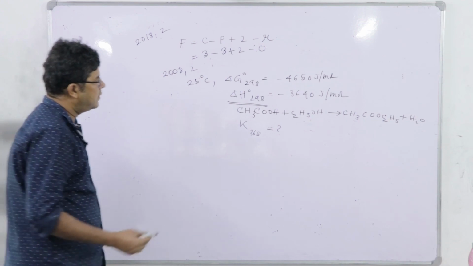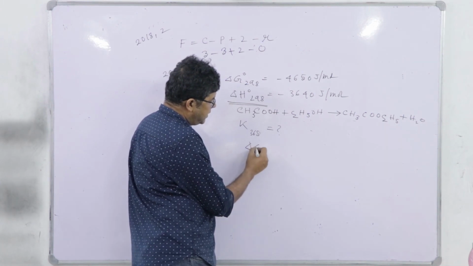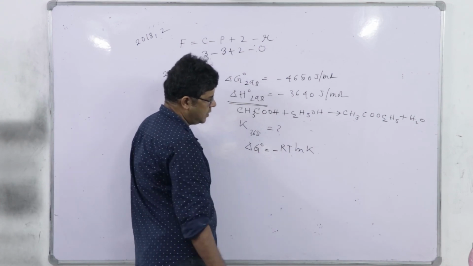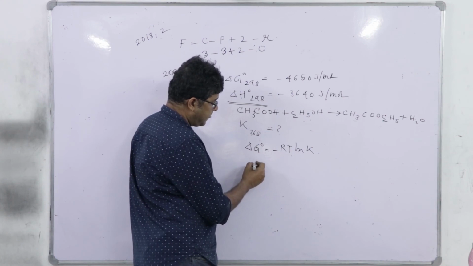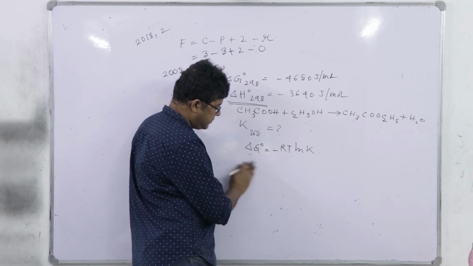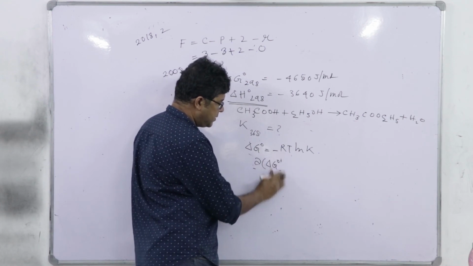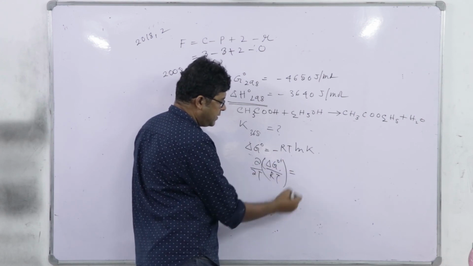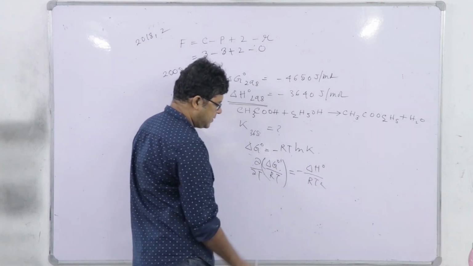So the thing is, we have to know that delta G naught is equal to minus RT ln K. And the derivative of delta G naught by RT with respect to T is equal to minus delta H naught by RT square.